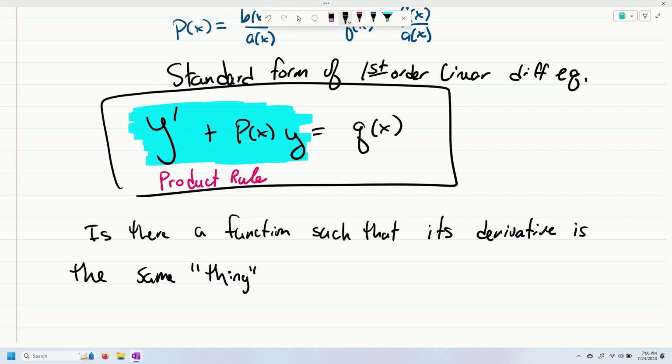In other words, the derivative is basically going to be the same exact thing as what you start with, but only differs by a constant.